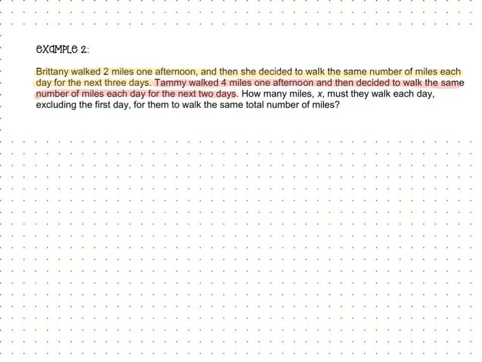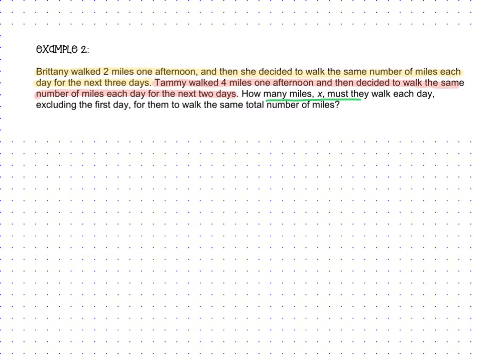So we're going to start there. We're going to first make sure that we identify the 2 different situations that are happening. And then I also know that my variable is the number of miles that they walked on each day. So we'll come back to that at the end of this problem. Once we get it solved, we'll make sure that we make that connection to the variable.